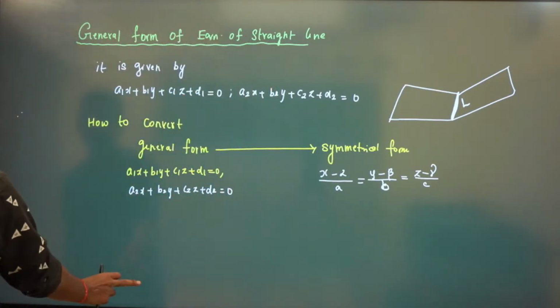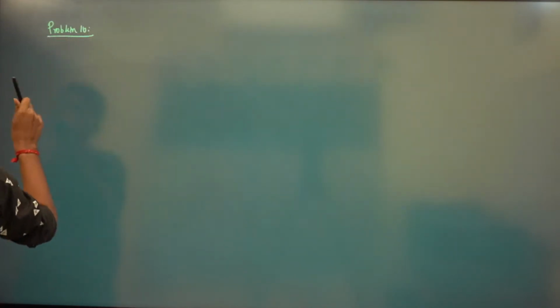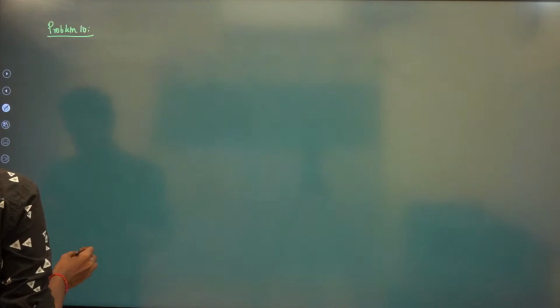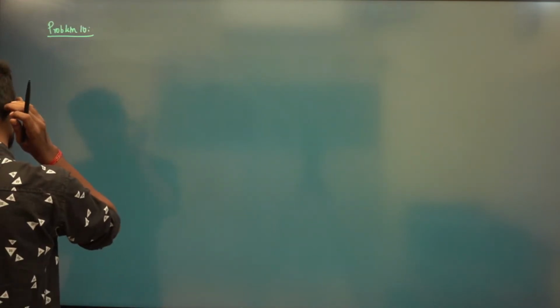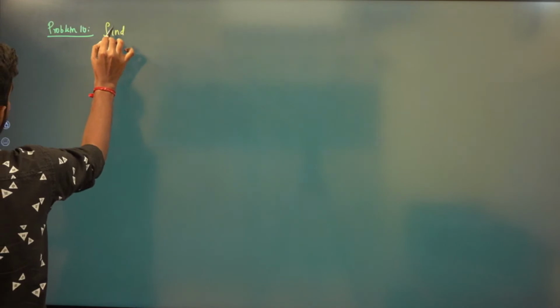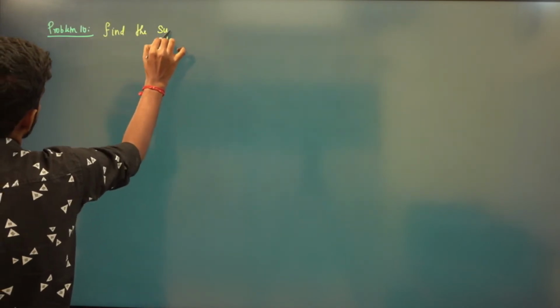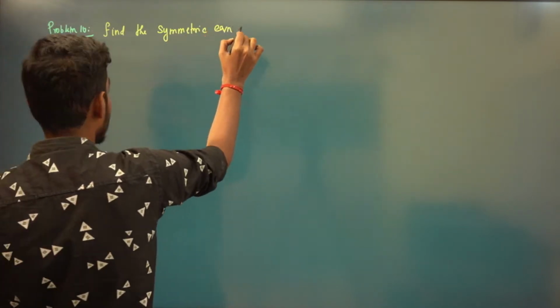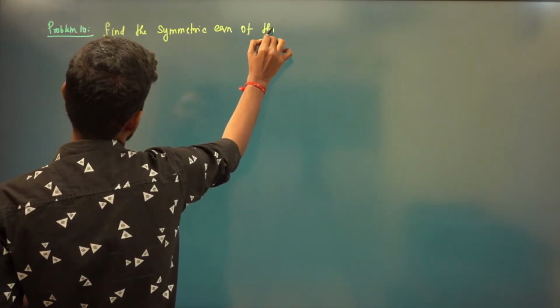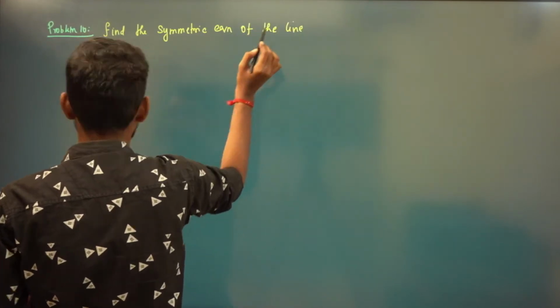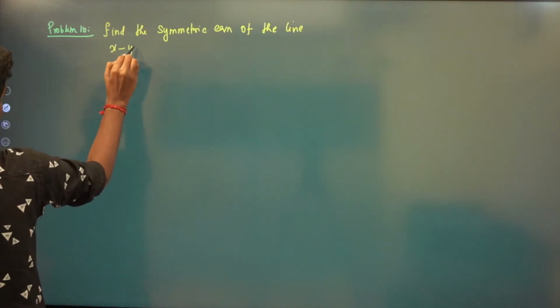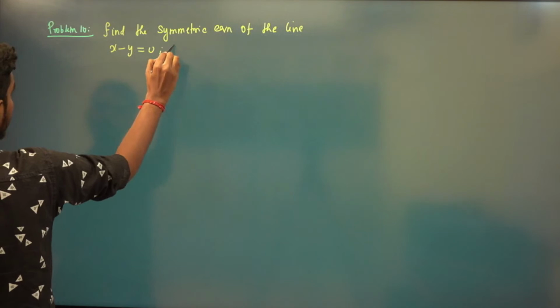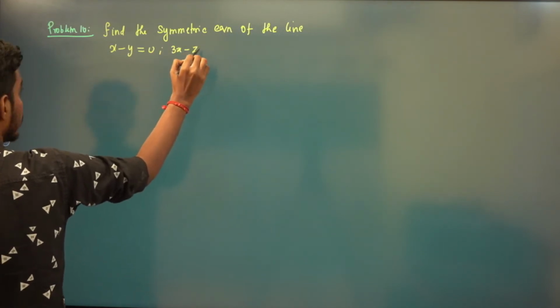Very easy only. So problem number 10, right? Find the symmetric equation of the line x minus y is equal to 0, px minus z plus 8 is equal to 0.